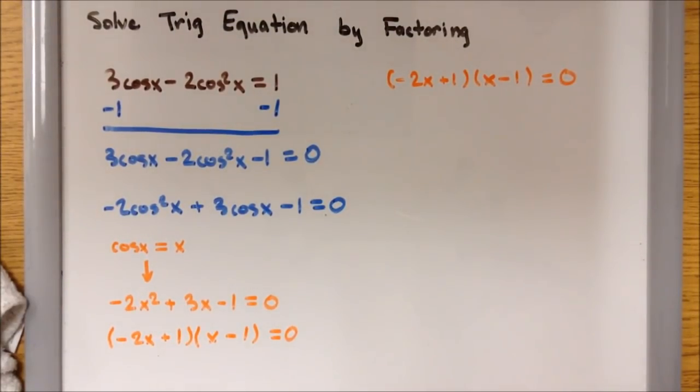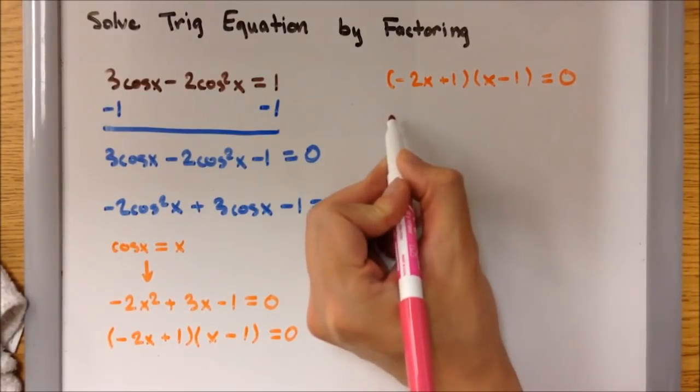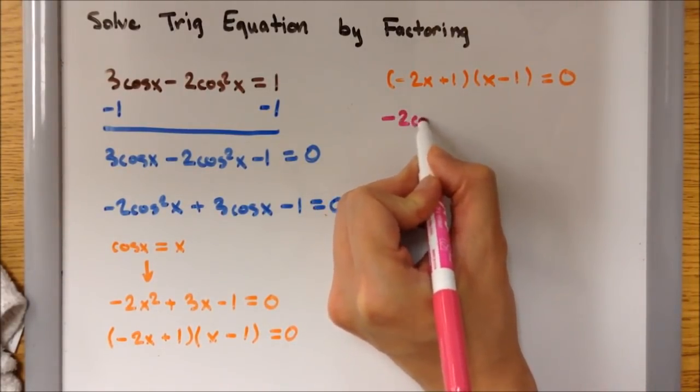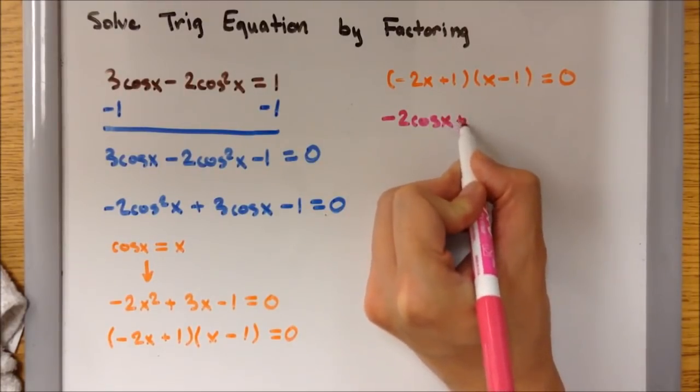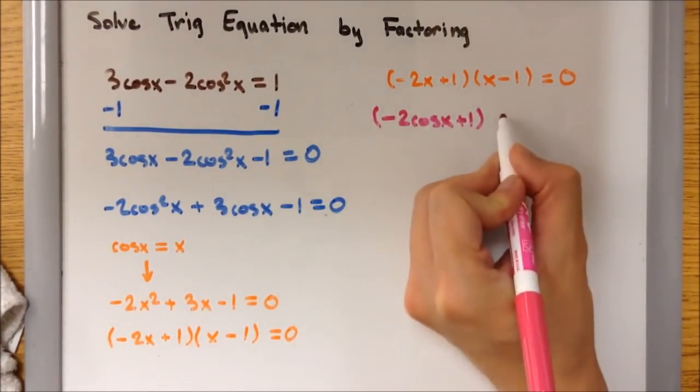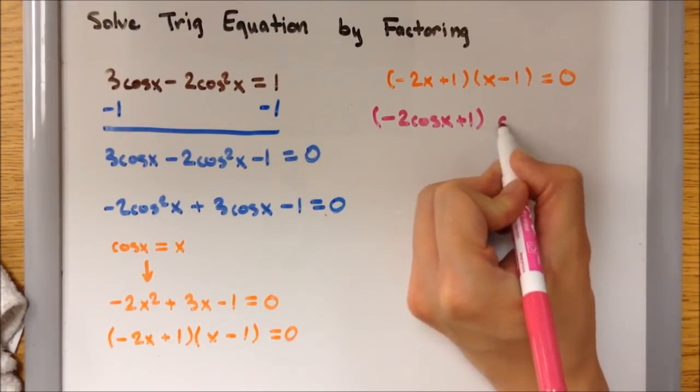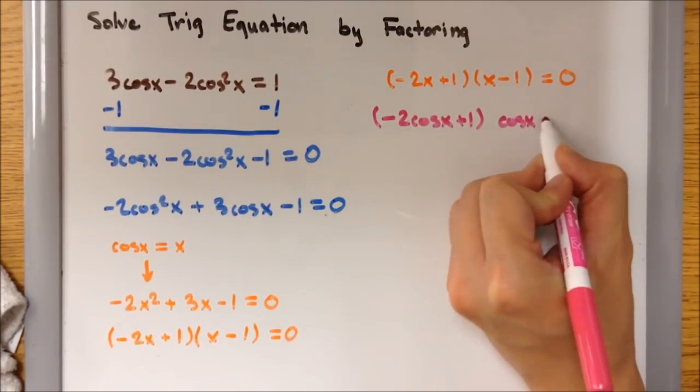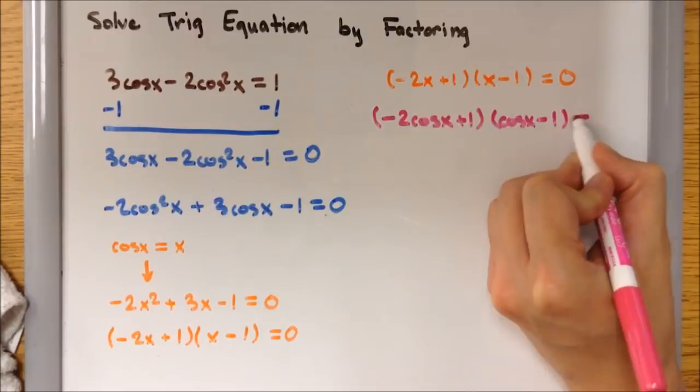So now I'm going to bring back cosine of x, so I'm going to undo substitution. So instead of negative 2x plus 1, it's going to be negative 2 cosine of x plus 1 in parentheses, and then instead of x minus 1, it will be cosine of x minus 1 in parentheses, both equal to 0.